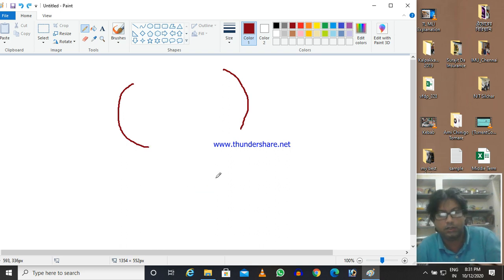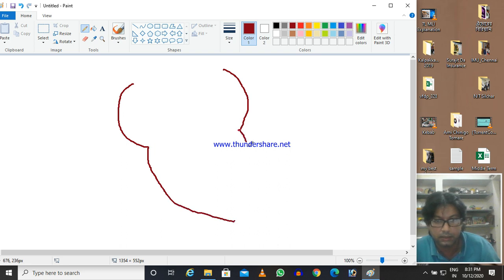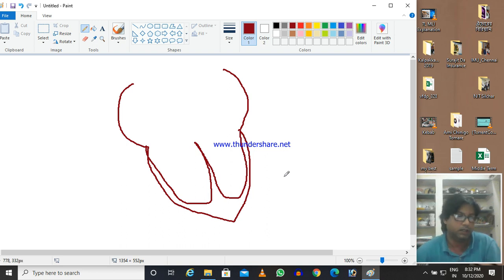Now, as we know, there are 4 anatomical chambers of the heart, but basically there are two electrical chambers of the heart. One is the atrium and the other is the ventricle, and this is your septum.